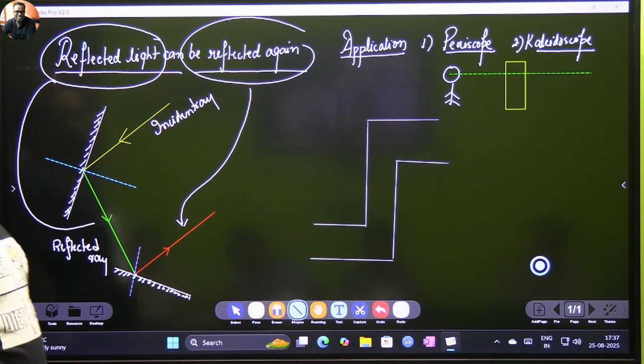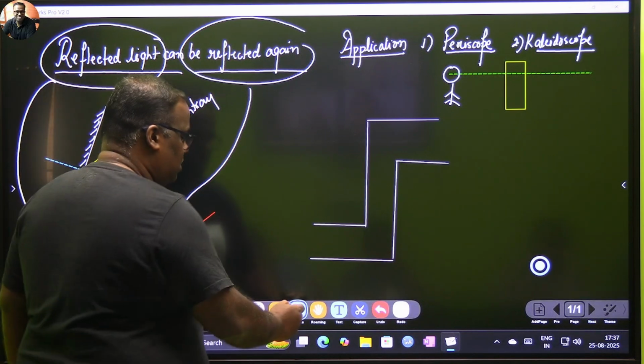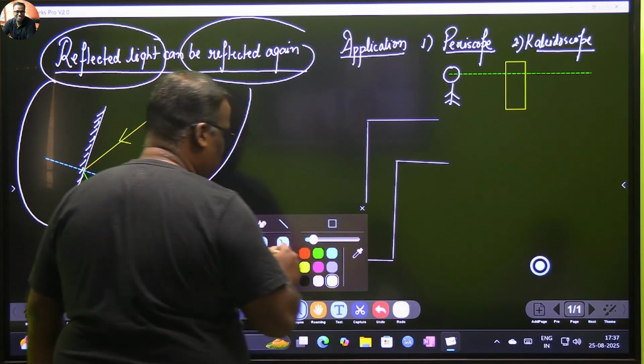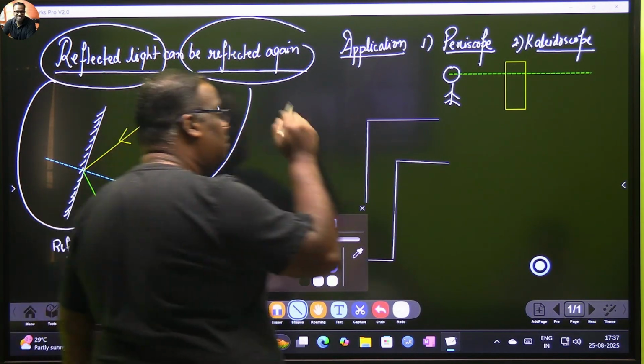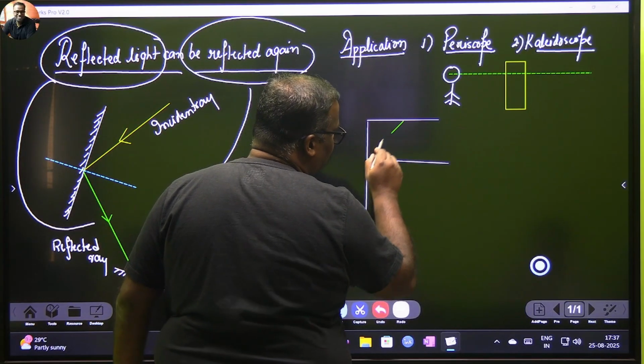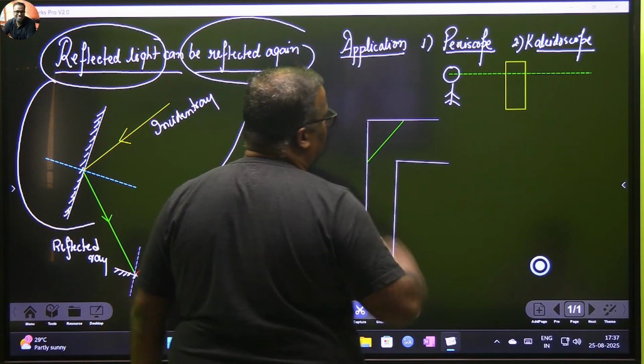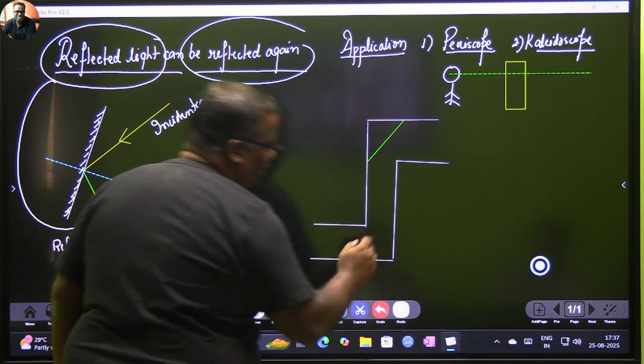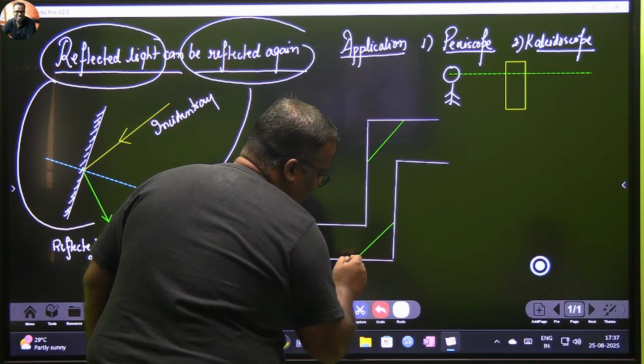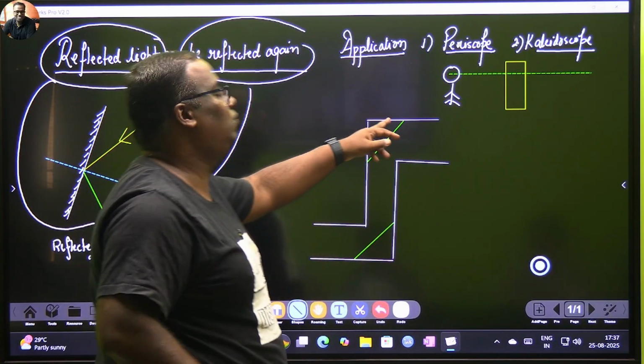Now a periscope consists of two mirrors, two plane mirrors. And what is interesting is the angle at which we align them: the mirrors are aligned at 45 degrees to their respective bases. This is aligned at 45 degrees.